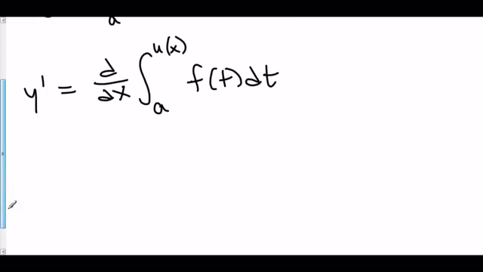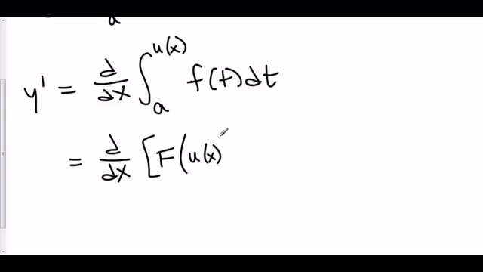Now using FTOC part 2, we can rewrite this as the derivative with respect to x of big F of the function u of x, our stuff, because this is our b, we're plugging it into big F, minus big F of a.